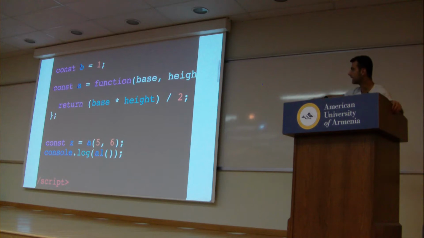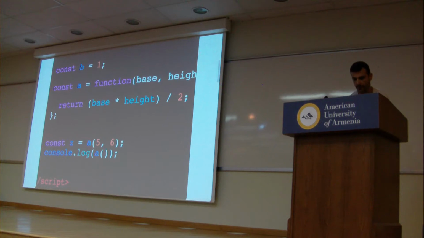And what happens? This 5 goes in and gets the name base, and this 6 goes in and gets the name height. And so base is now 5, height is now 6. This runs with 5 and 6, and you get the area with 5 and 6 as the base and height.